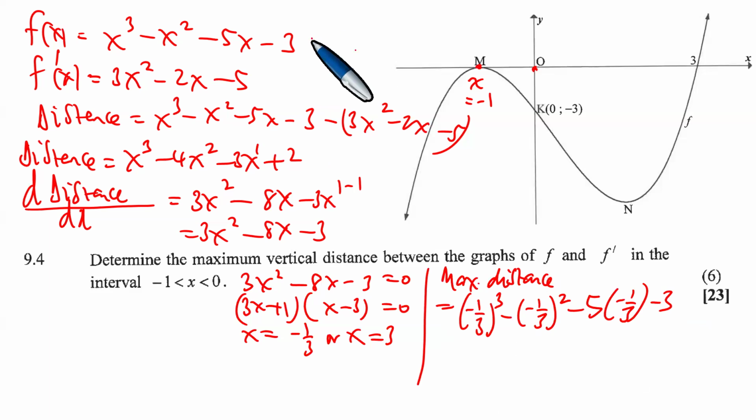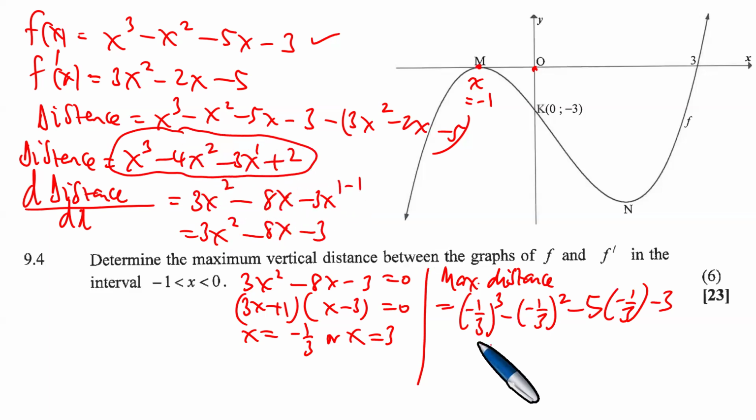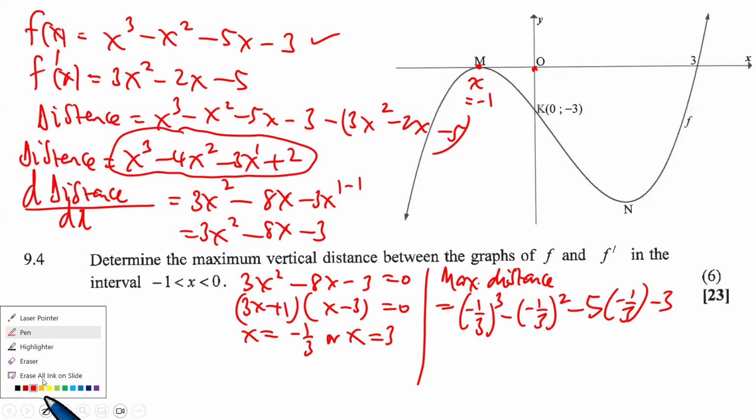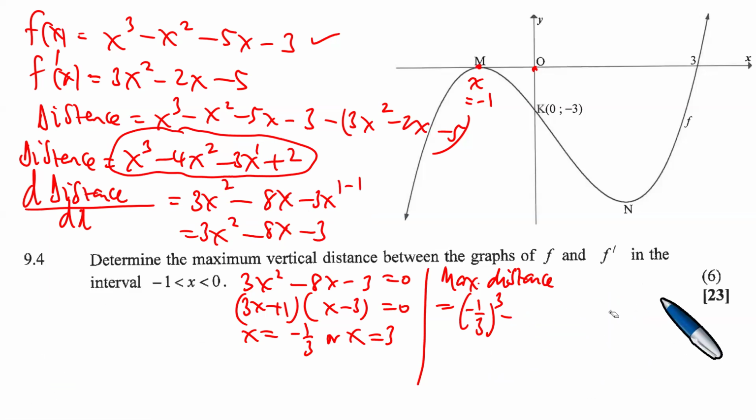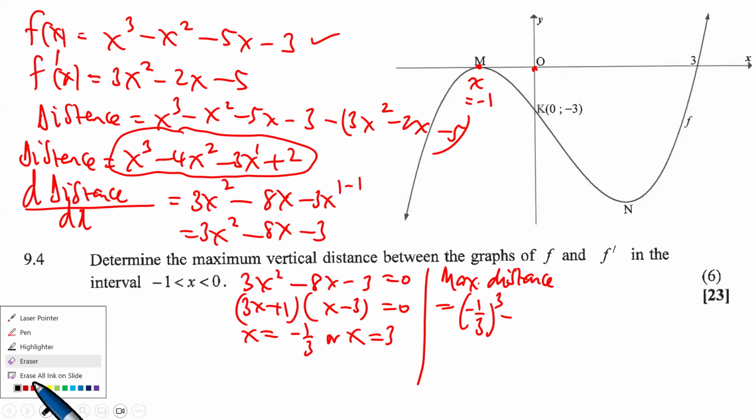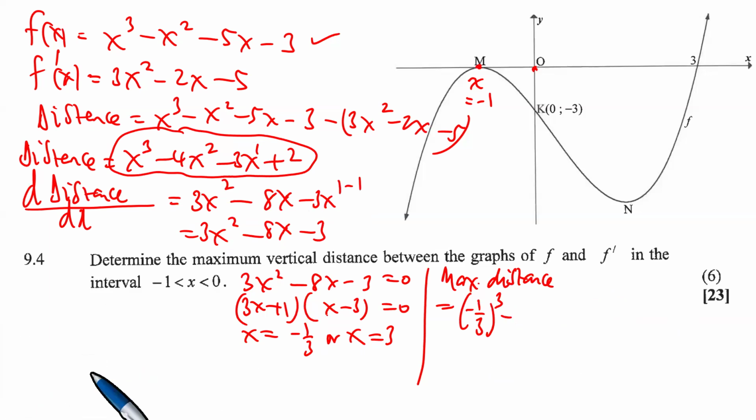You substitute into this difference function, substituting that one there. Need to rectify here. So the maximum is going to be exactly that, then you have minus 4, and x is minus 1 over 3 squared.